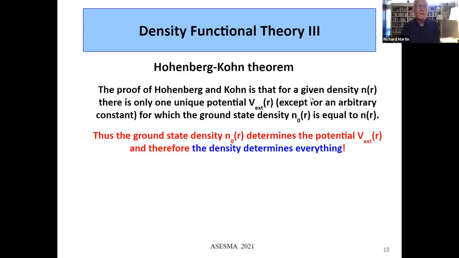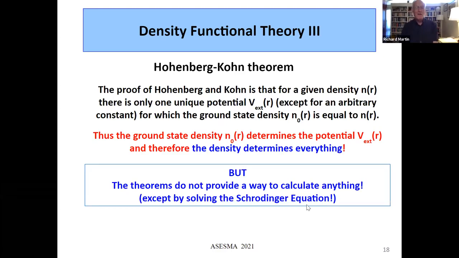The proof that Hohenberg and Kohn gave was special to the problem of the many-body interacting system. And the proof was that for a given density, there's only one potential that could give that density as its ground state. Or in other words, there's only one potential that goes with the density. The density determines the potential. And the potential and the density determine everything by that logic.